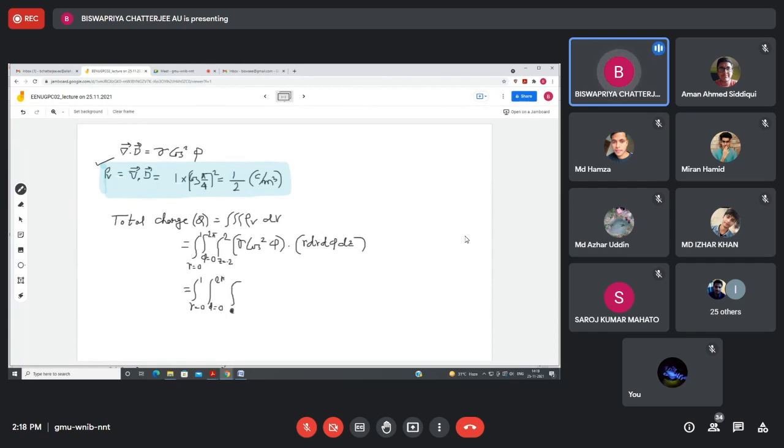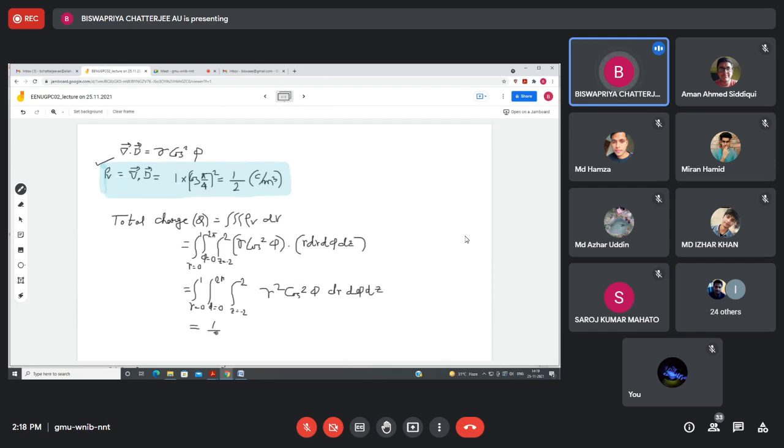Now you can evaluate this integration. Anybody? So it will be r square cos square phi dr d phi dz. Now you can integrate. r square dr gives r cube by 3, so it will be 1 by 3.